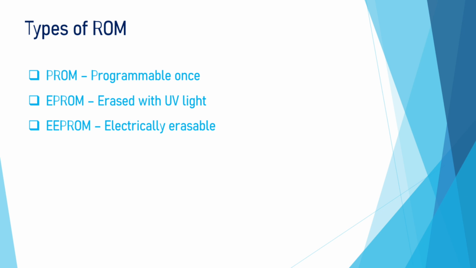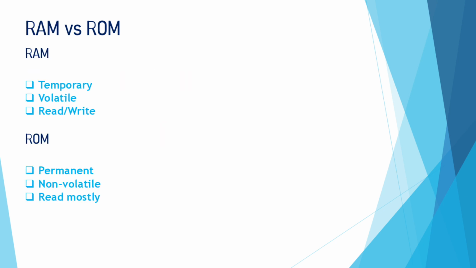Now let us compare RAM versus ROM. RAM is temporary while ROM is permanent. RAM is volatile whereas ROM is non-volatile. RAM allows both reading and writing. ROM mainly stores firmware and it cannot be updated easily.